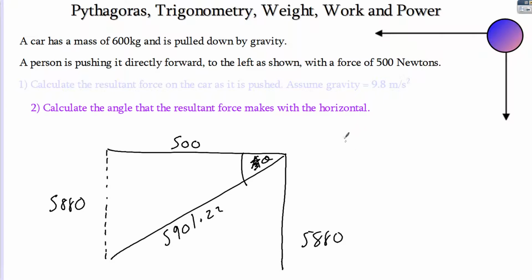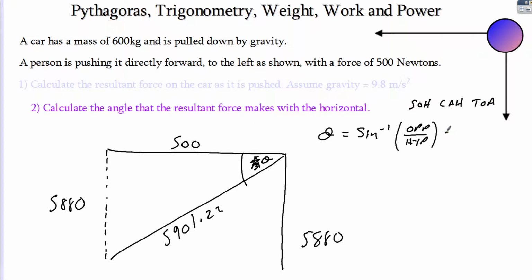So if I used the sine, then theta is sine to the -1. Whenever you're finding an angle, you always use the shift key on your calculator and then the sine, tan, or cos. It's always the inverse function to find an angle. So it's sine to the -1 of opposite over hypotenuse from SOHCAHTOA, because sine is opposite over hypotenuse, cos is adjacent over hypotenuse, and tan is opposite over adjacent.